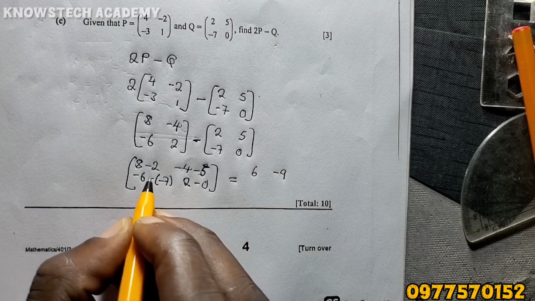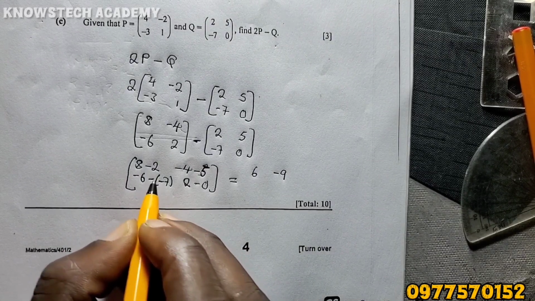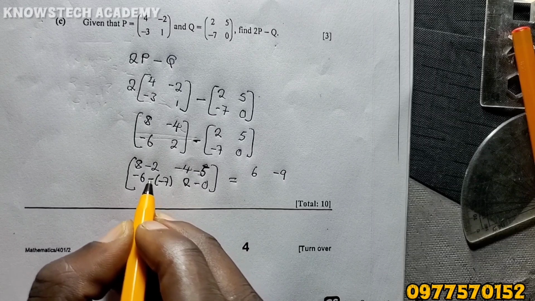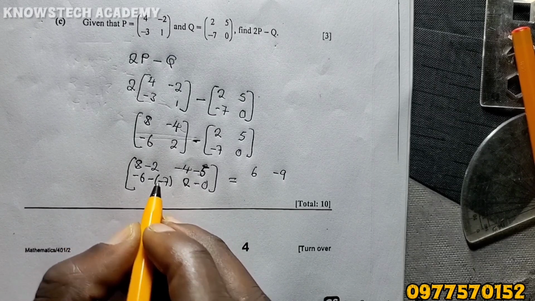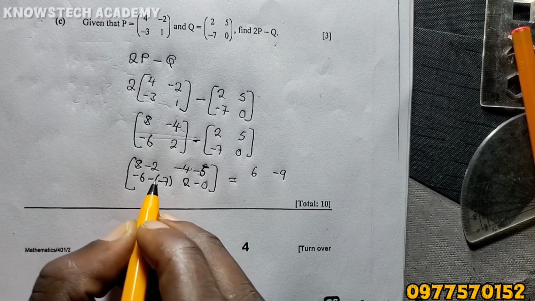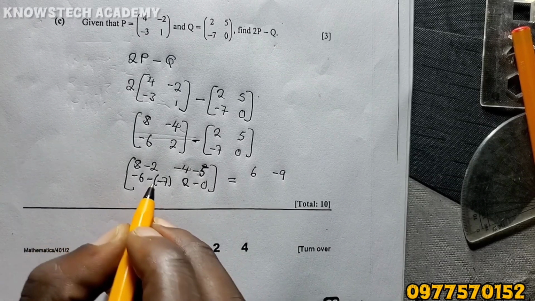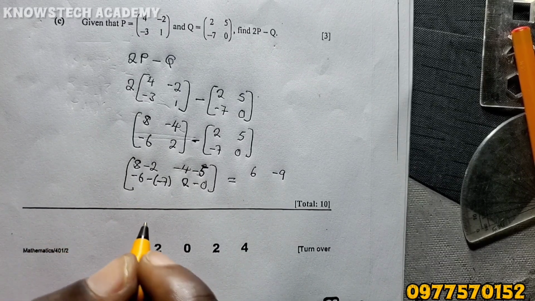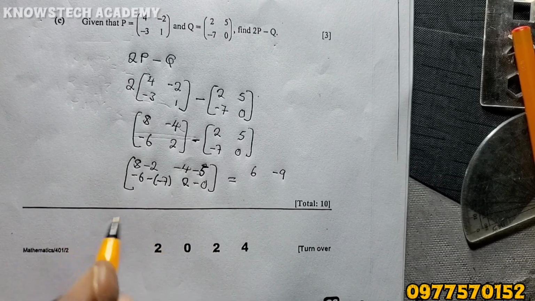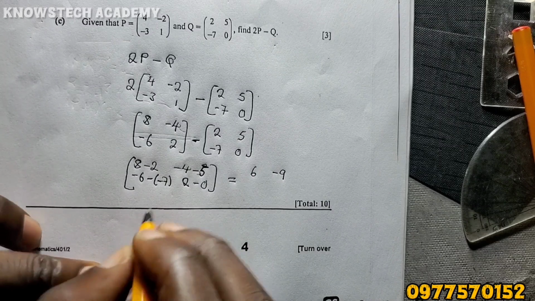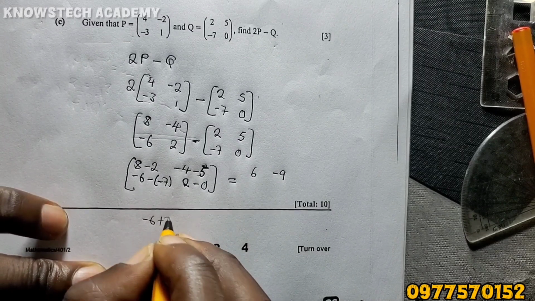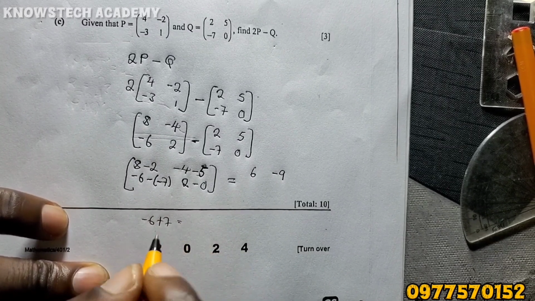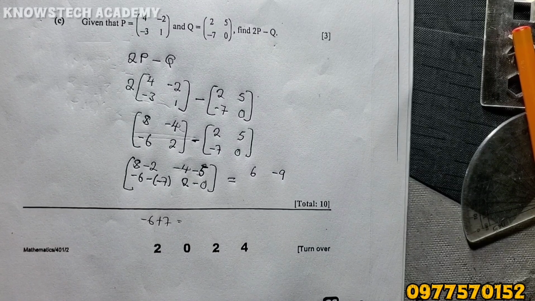Here, you have a negative and negative in between. First, we deal with what is in between. Negative times negative is positive. So you have negative 6 plus 7. They have different signs. What did we say last time?